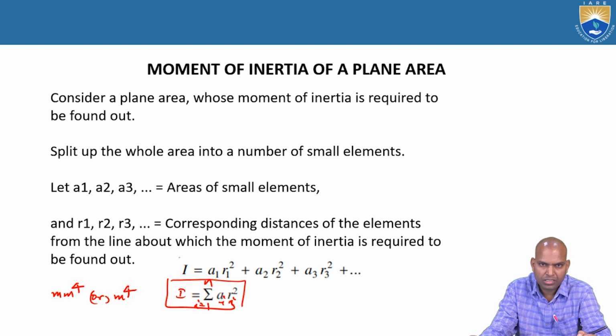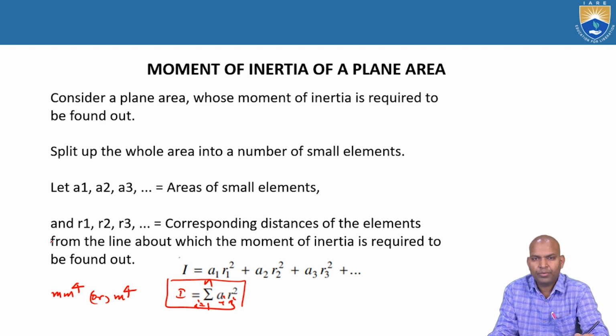The mass moment of inertia is highly useful in the design of components or structures, whereas the area moment of inertia is useful where we have to calculate maximum moment, bending stress, modulus of rigidity, torque, shear stress, etc. That is where the area moment of inertia is highly required.